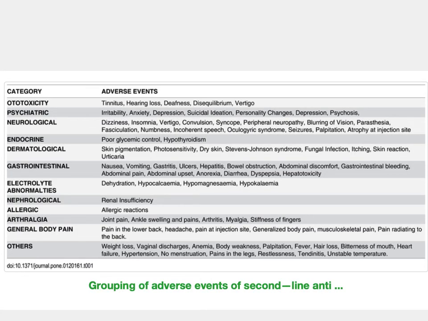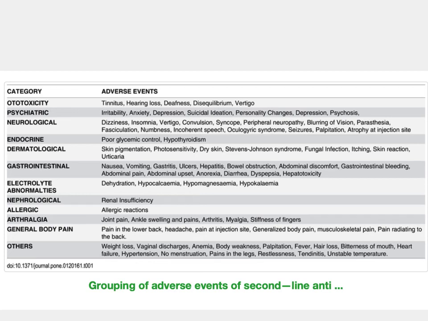So, moving further, this is just a chart to show you the category of adverse effects and what are the adverse events related to them. Like what could be the things which can take place related to ototoxicity. Different categories are given. Then what could be the psychiatric adverse events? What could be the neurological adverse events?